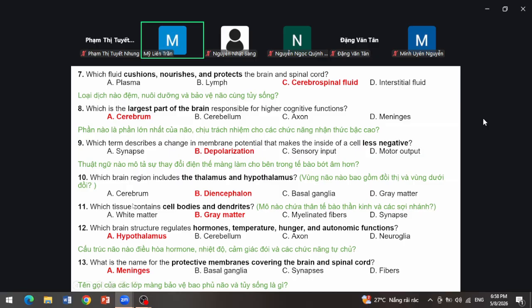The gray matter contains the cell bodies and dendrites. 12. Hypothalamus regulates hormones, temperature, hunger, autonomic functions.